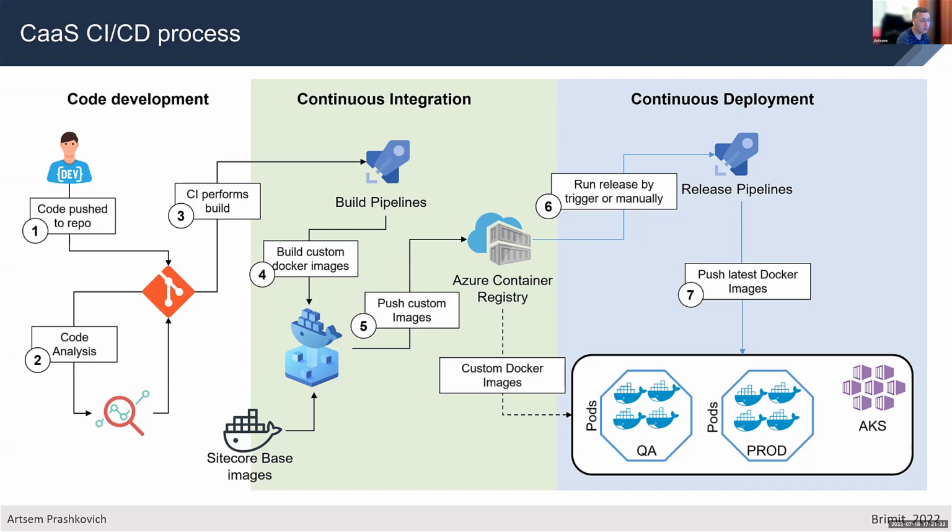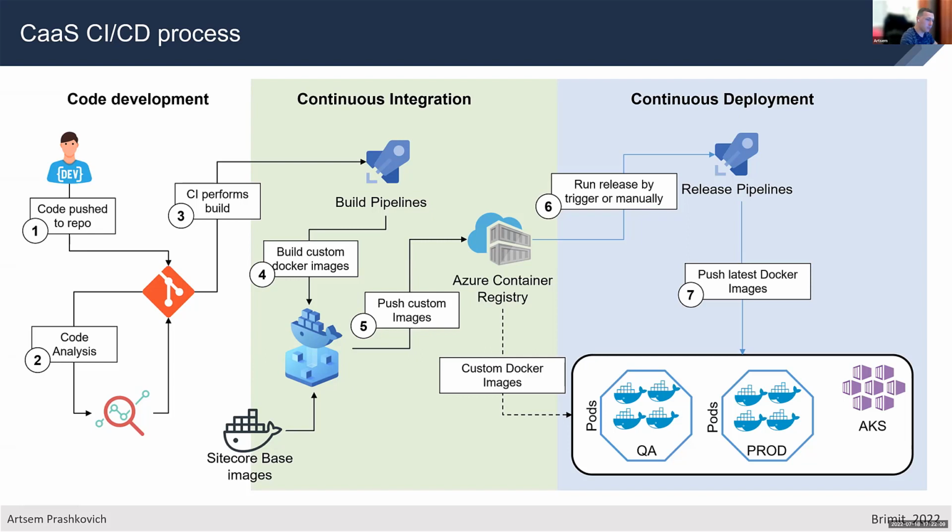But actually, we just send the command to the Kubernetes cluster to get the latest images from the Azure Container Registry. So we don't push any images here. There is just a command for our pods to update their images. And once we send this command, our pod will look at the container registry. If the version of the latest image is different from the image currently running within the pod, it will pull the latest one and update itself.